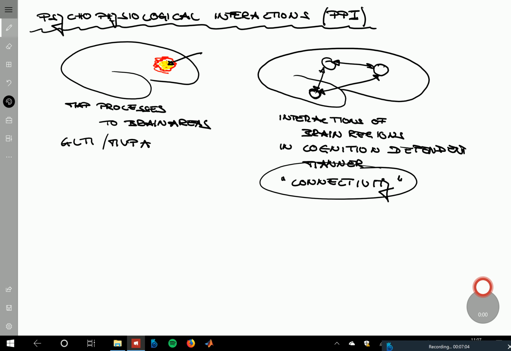That's the good news: we're now talking about connectivity and interactions of brain areas, not only localizing processes.